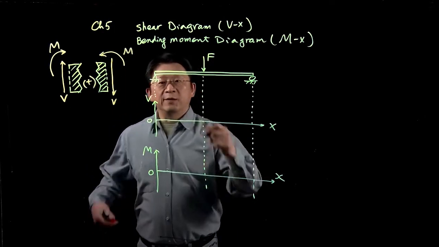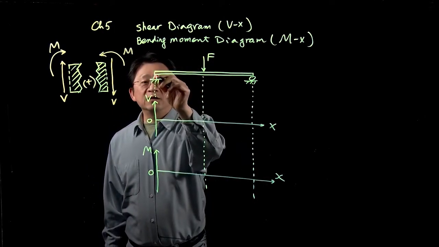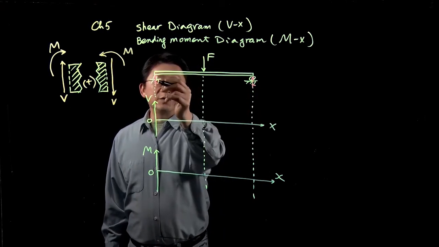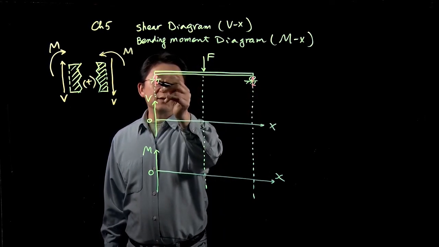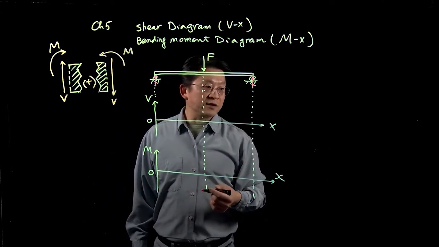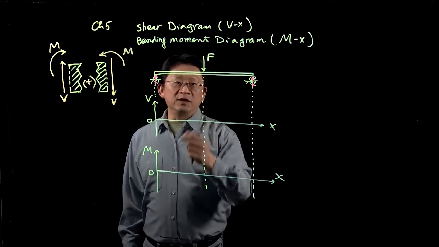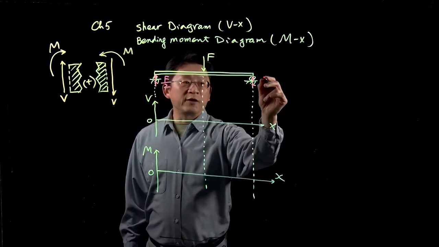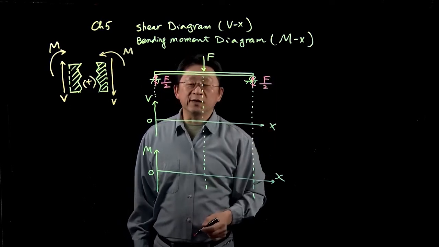The very first step is to calculate the reactions at the supports. I use a little tail to indicate the calculated reaction. For this simple case, you can quickly verify that both reactions are F over 2.